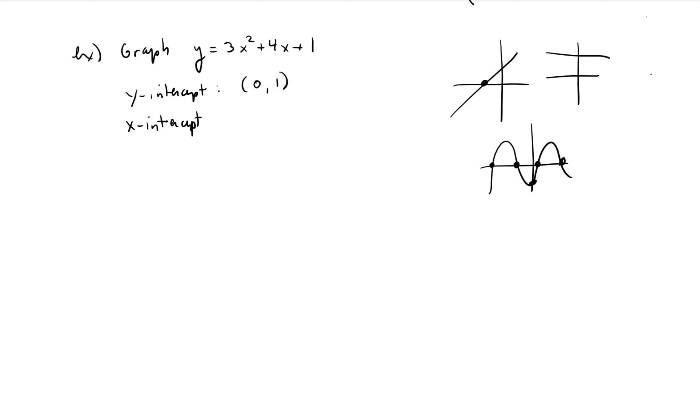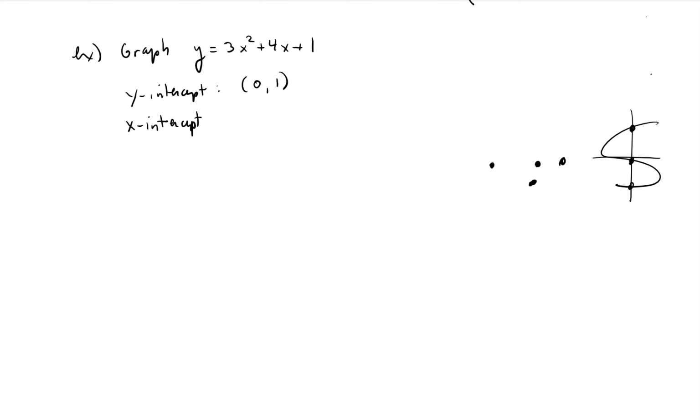So for 0, there's only a single possible value of y. So you cannot have a curve that would look like this. That's not possible, because you'd have multiple values of y for 0, and that's clearly not going to happen if you've got y equals some expression in terms of x.